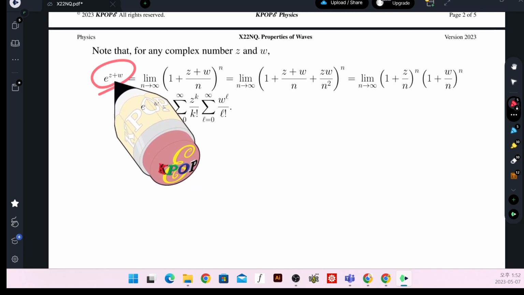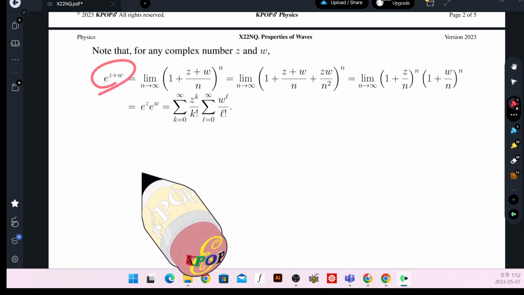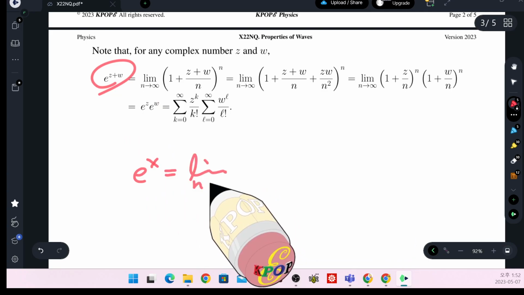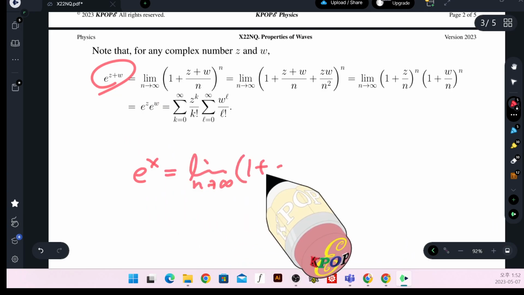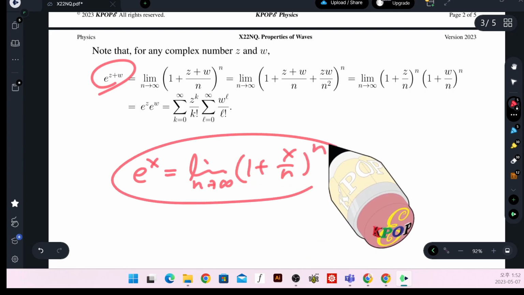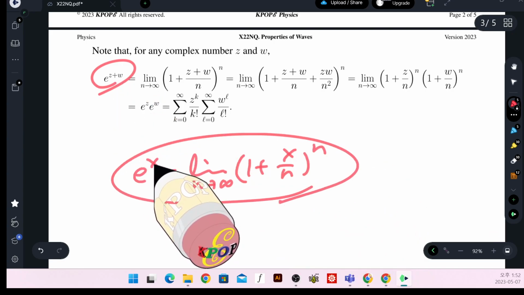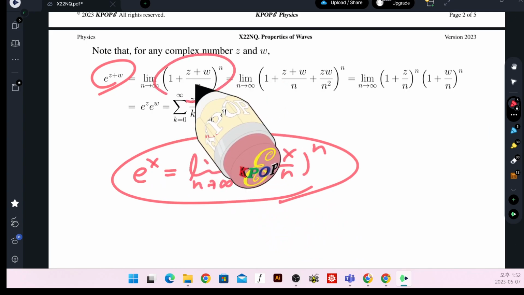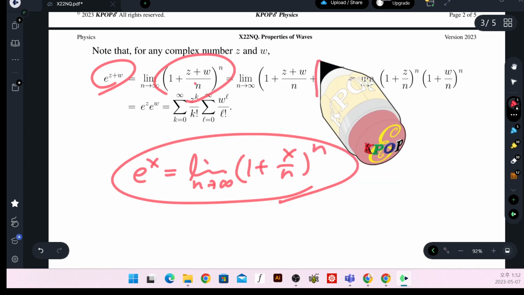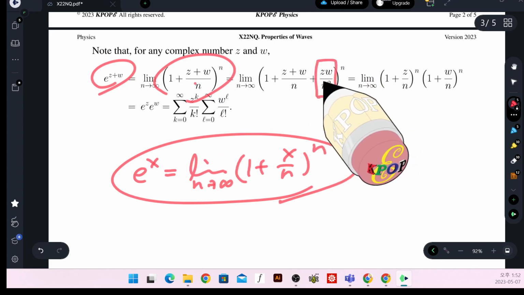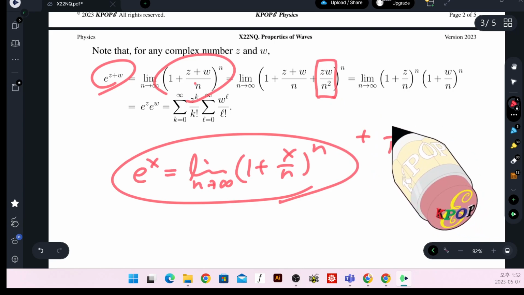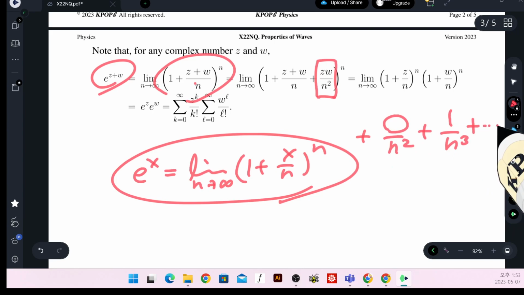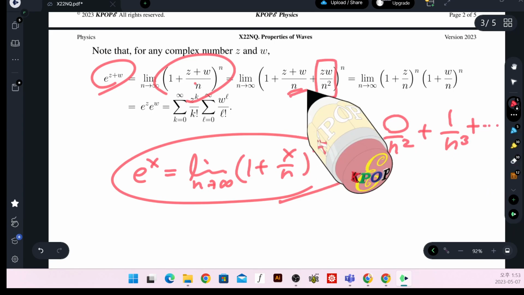Exponential z plus w can be expressed in terms of, because e to the x can be expressed as this, we substitute z plus w in here, and actually it is identical to this, because any additional terms are of higher order in 1 over n, except for this term.